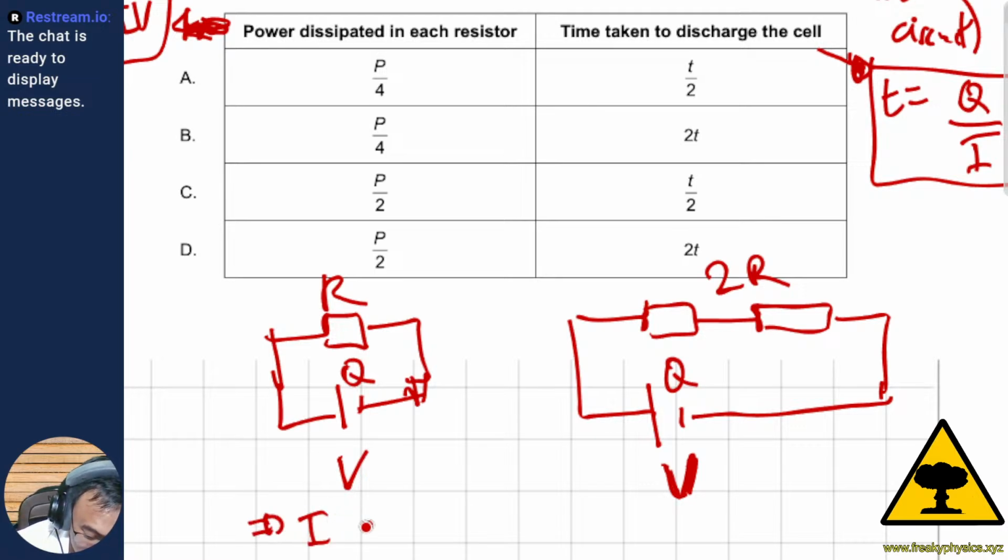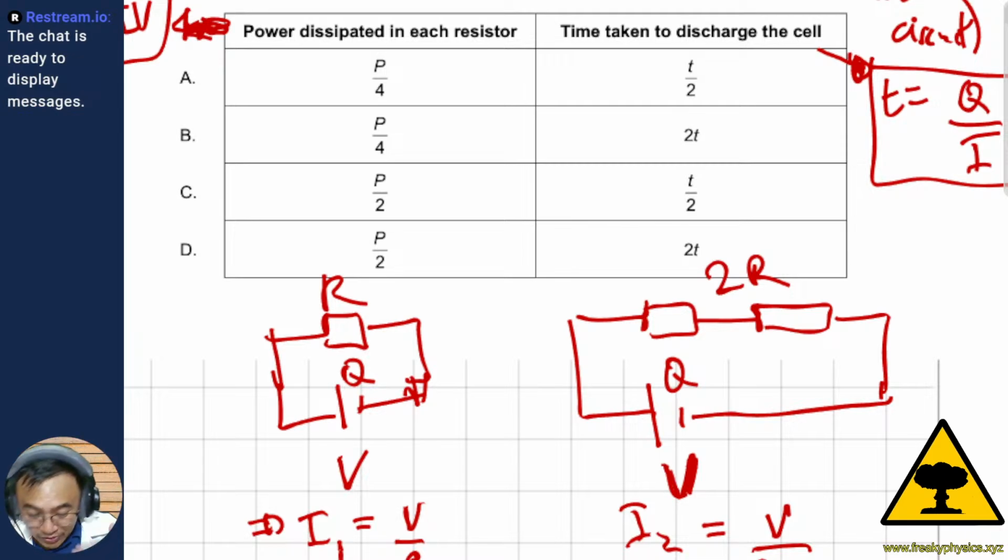This is already going to be easy to solve because all we have to do is look at what I is. I in this case would be equal to V over R. I'll label this as I1. Now our I2 is going to be slightly different. It's still going to be V, but our R is 2R now. You can calculate this, but you can also easily deduce that the current I2 is equal to half of I1.